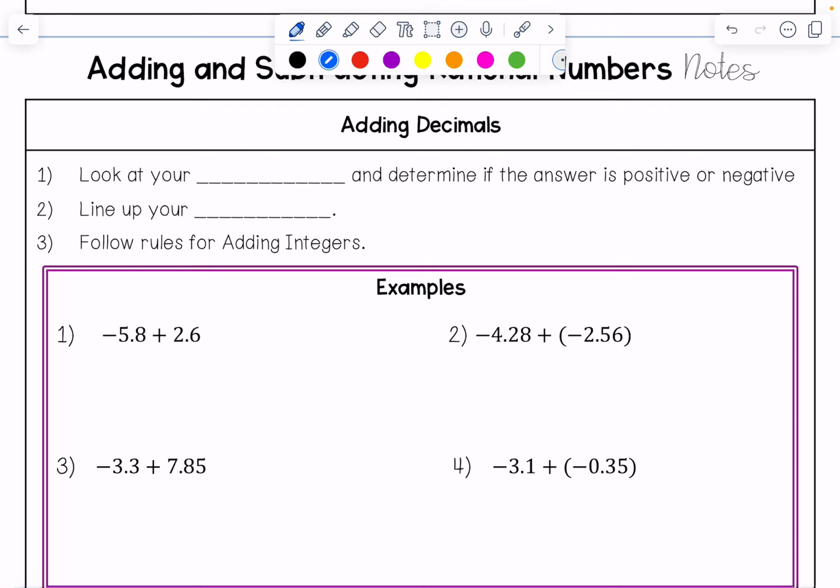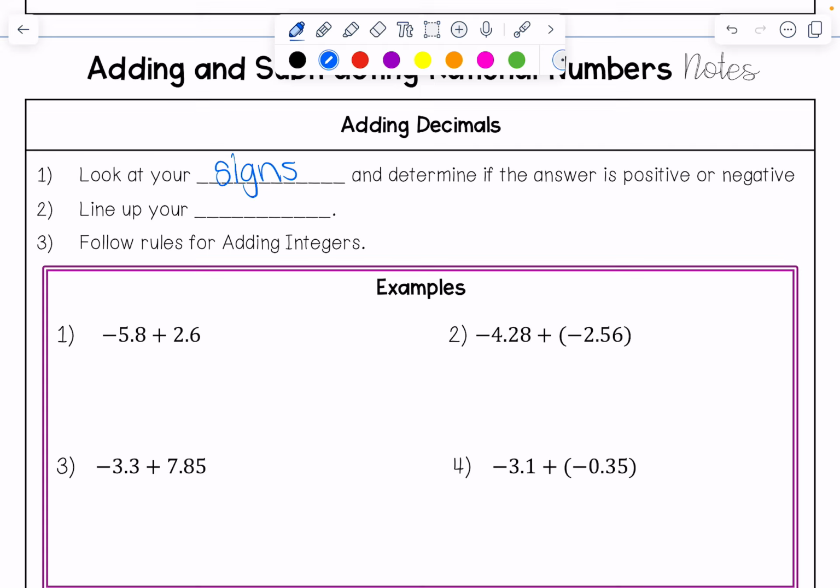So when you're adding decimals, the first thing I want you to do is look at the signs and determine if your answer is going to be positive or negative. We'll look at some examples here that help us do that.